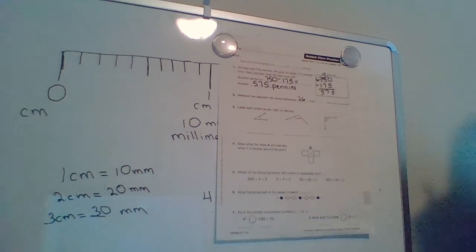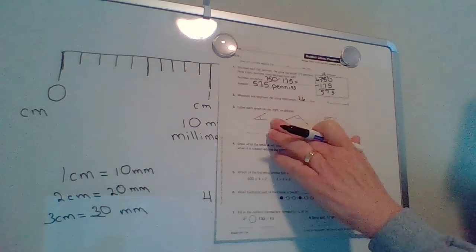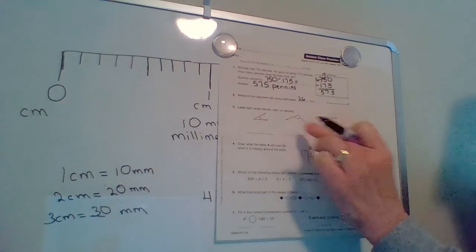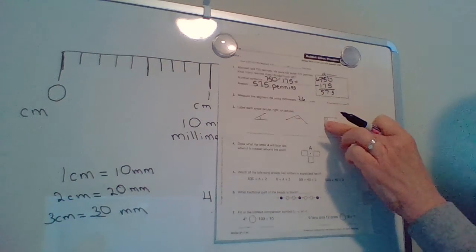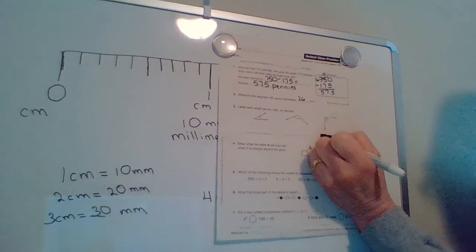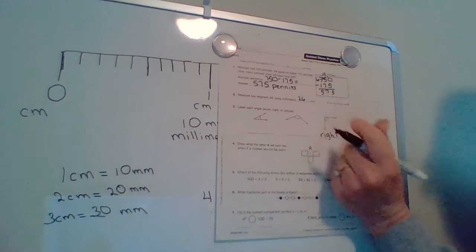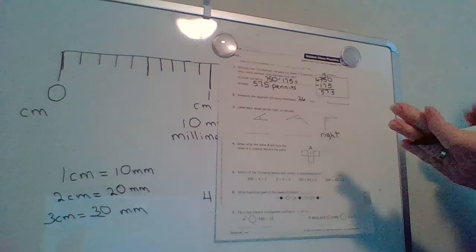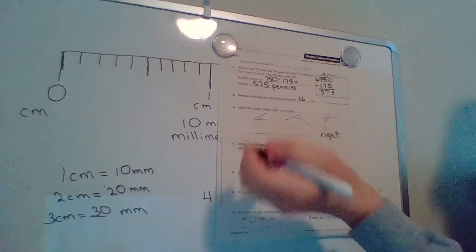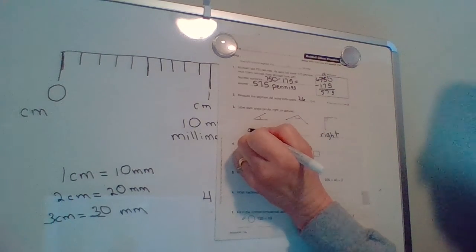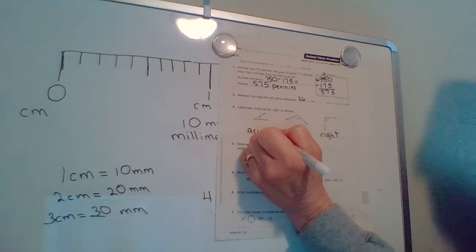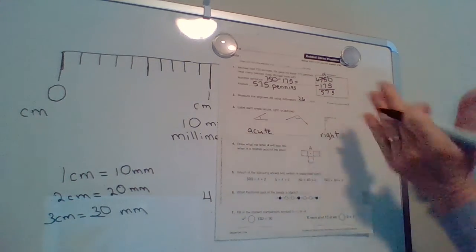Okay, label each angle, acute, right, or obtuse. Now remember, this is a clue. Whenever we see this, we know this is a right angle. Remember, little, acute, little? That would be that one. Obtuse means bigger.